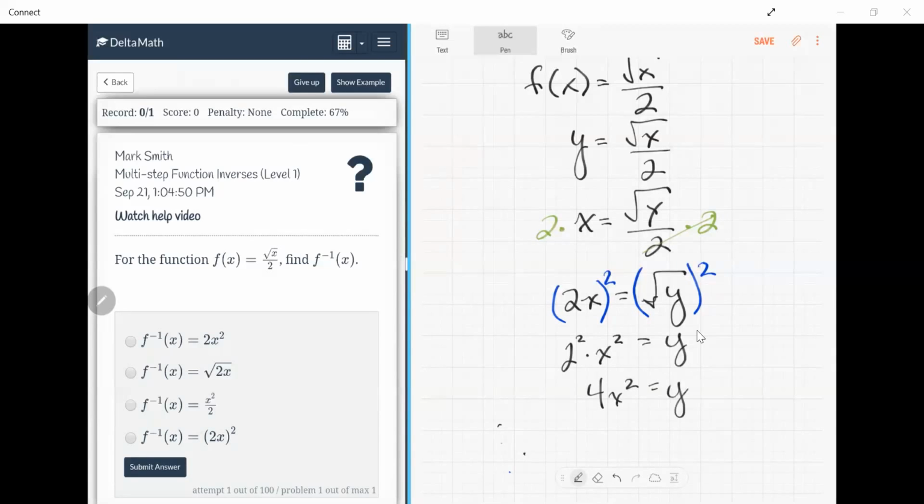Although I notice over here in their answer that they didn't make you actually do this out. They actually use this as an answer. See that over there? Okay. All right, so they said the inverse is 2x squared. Oops, 2x squared. There we go. 2x squared, and that's what we want.